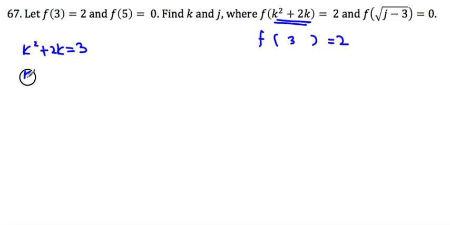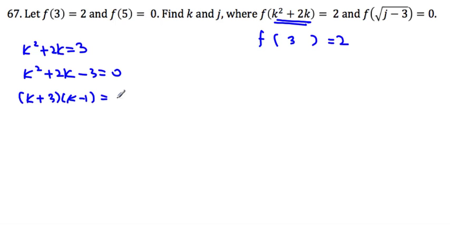That means k squared plus 2k minus 3 would have been equal to 0. Now, this is in fact factorable, where k plus 3 and then k minus 1 will be the factors of this one. And they didn't say anything about being positive or negative. So here, we get to realize that k must be equal to negative 3 or positive 1.